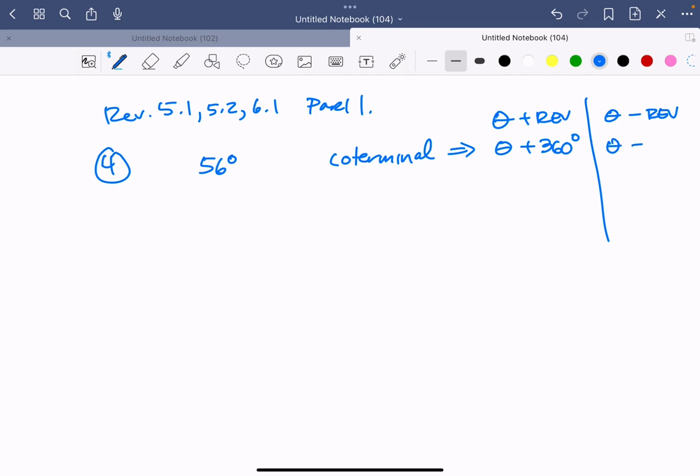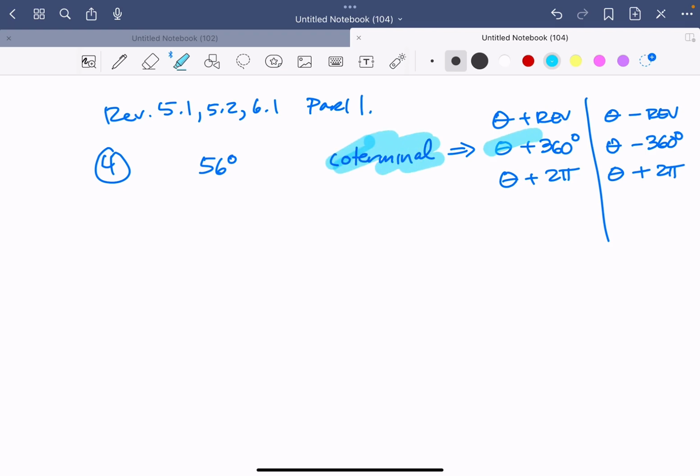You can actually subtract as many revolutions or add as many as you want. So here we're going to think about in degrees either adding or subtracting 360, and in radians we're either going to add or subtract a revolution. In that case would be 2 pi. So again, when we think coterminal, we're either going to add a revolution or subtract a revolution, either in degrees or in radians.